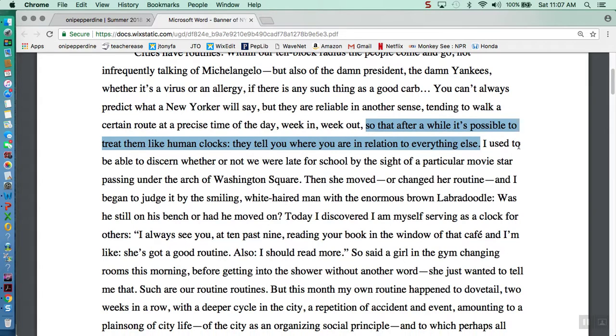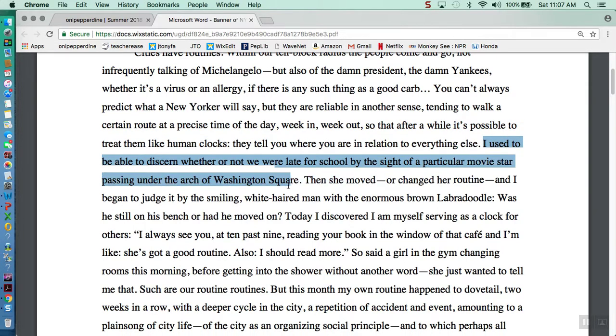She even says, I used to be able to discern whether or not we were late for school by the sight of a particular movie star passing under the arch of Washington Square. So we have a very clear visual image that's giving us some context for our narrative that has to do with this idea of people crossing paths and functioning as clocks for each other, right?